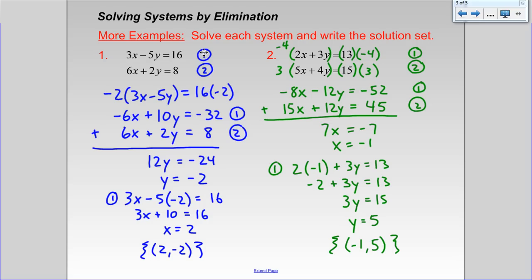Instead of multiplying by constants to eliminate the y terms from our equations, we could have multiplied by constants that would enable us to eliminate the x terms. For example, if we multiply the first equation by negative 5 on both sides, we would obtain negative 10x. And if we had multiplied the second equation by 2 on both sides, we would obtain positive 10x. Then we could eliminate the x terms and proceed to solve the system.